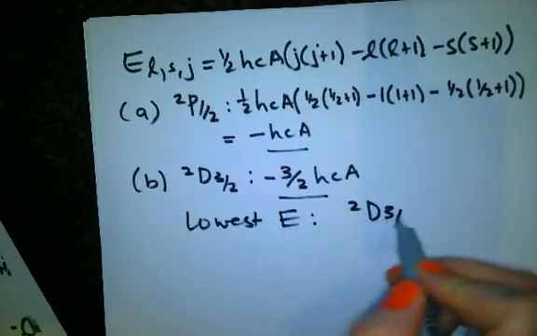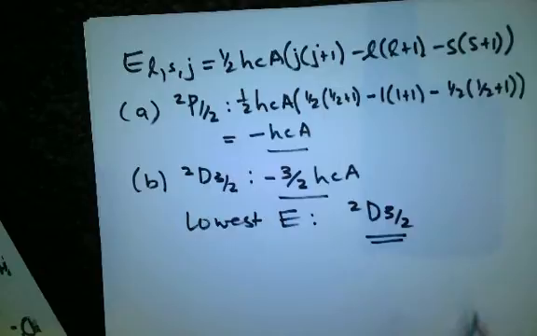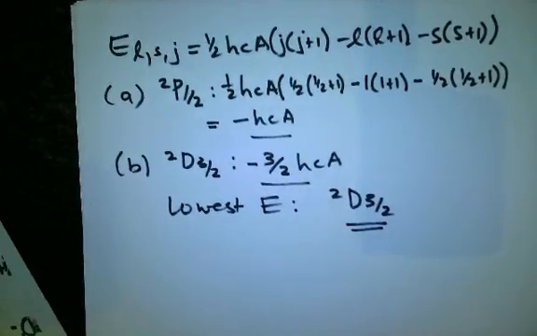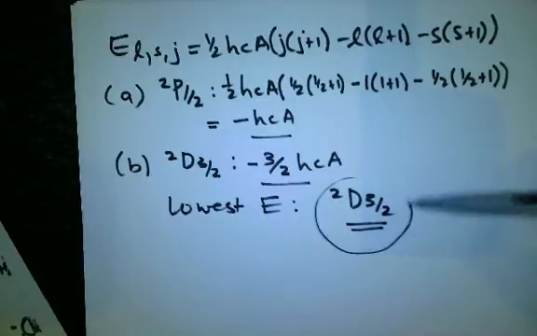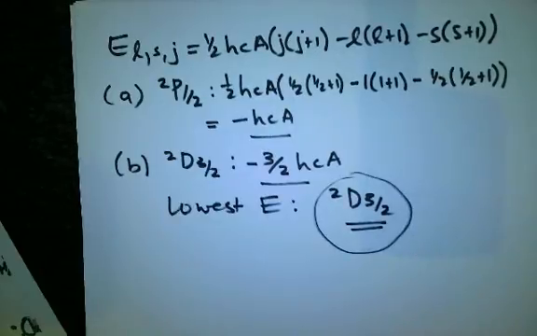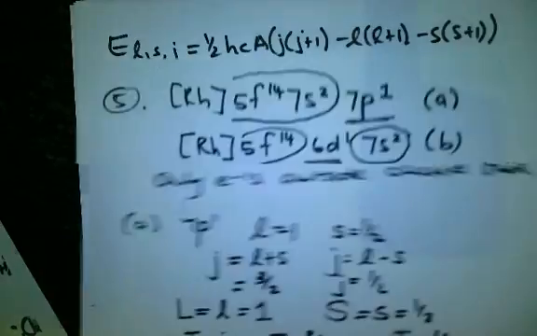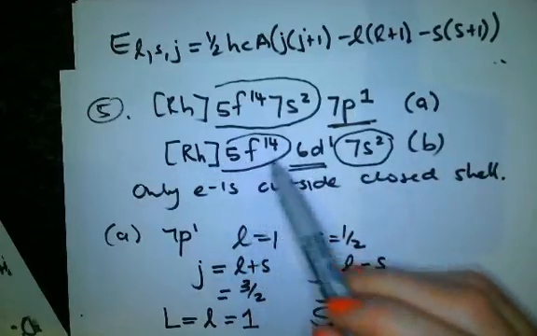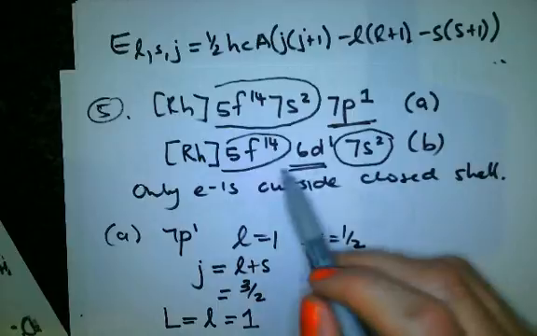Based on this calculation, it would seem that this is the lowest energy and that this is the most likely configuration. So based on that, one can say that this B configuration is, based on the knowledge that we have, the most probable electronic configuration for that specific atom.